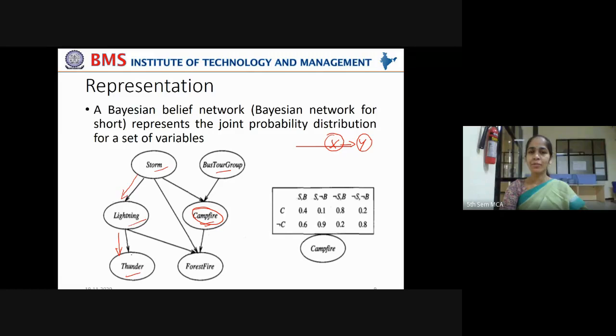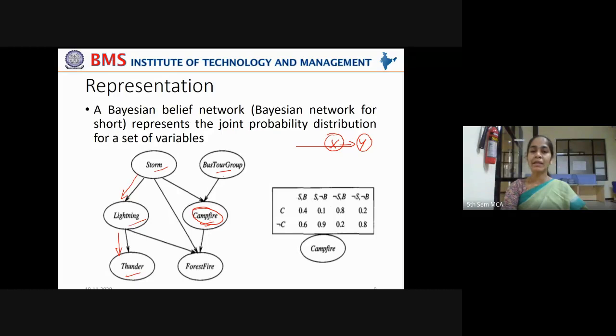Storm and Bus tour group are predecessors of campfire. Lightning and thunder are not predecessors. Predecessors means those who come before you. You are a successor to your parents, like that. So lightning and thunder are non-predecessors of campfire. That is why campfire is independent of lightning and thunder.